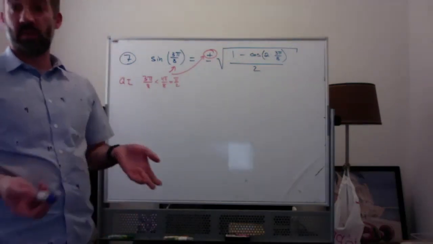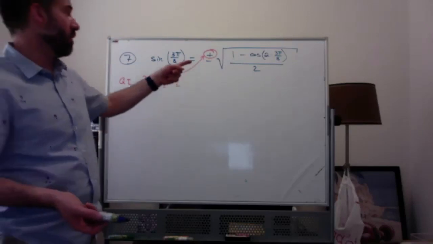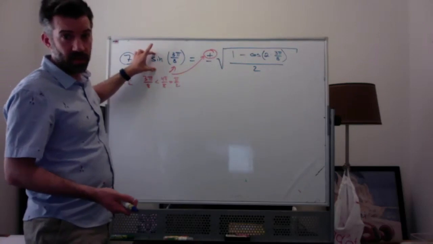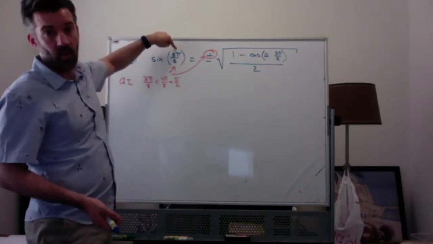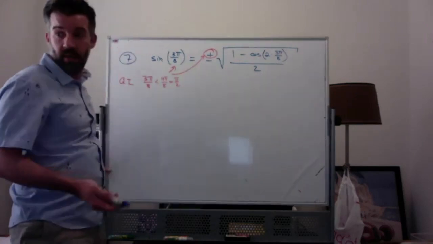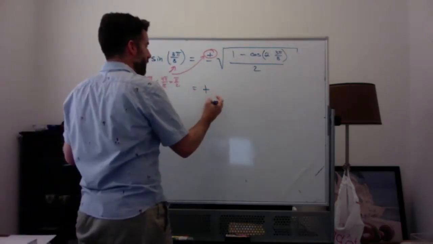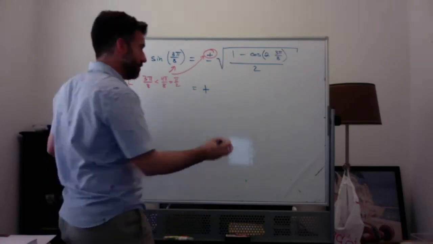That's the first decision we have to make: is the overall thing positive or negative? It's totally based on whether it's sine or cosine here, and what quadrant this angle is in. So it's positive. You don't have to write the positive, but I like to.